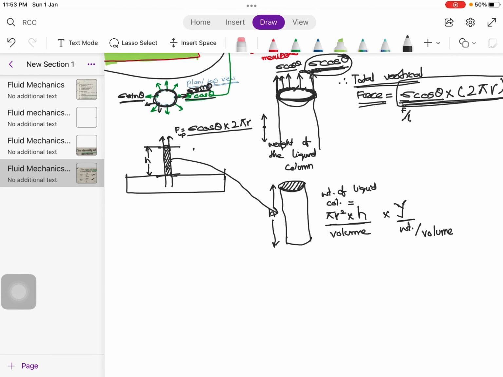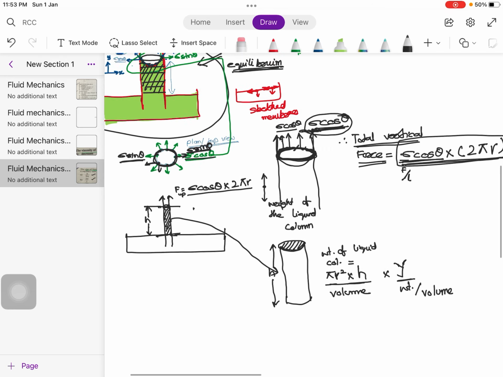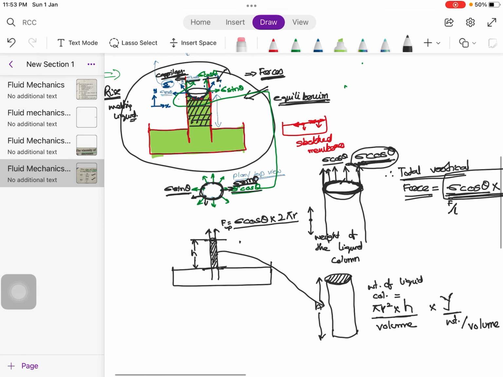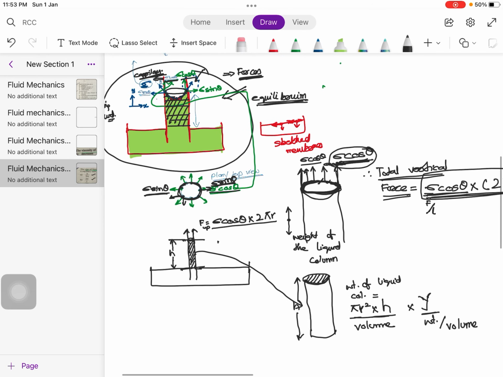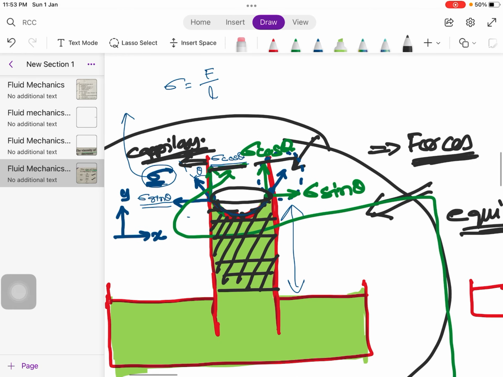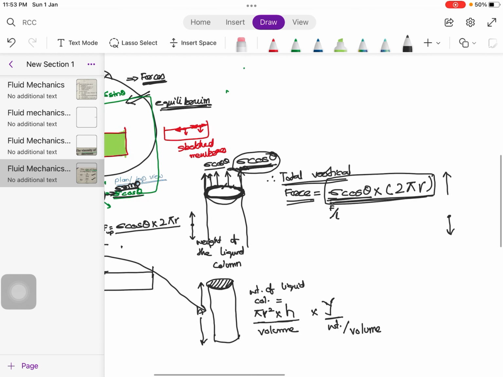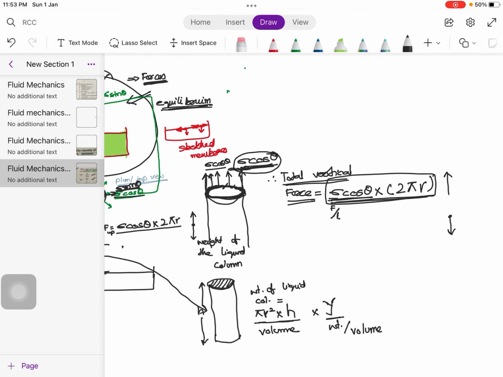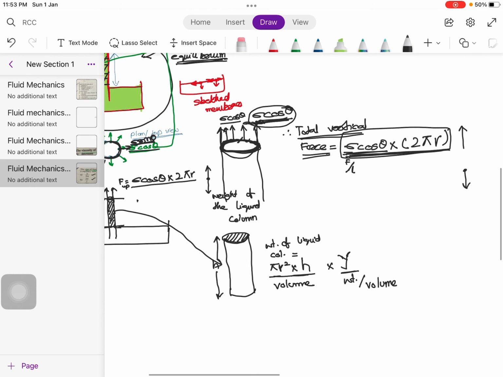So we have learned that since there is an upward force due to surface tension acting on this meniscus, which has a magnitude of sigma cos theta times 2 pi r, or the circumference, since this vertical force per unit length is acting all over the circumference.